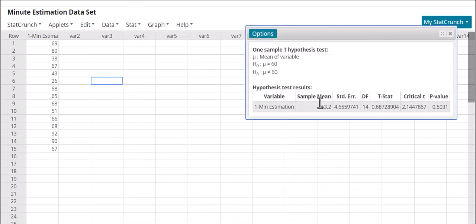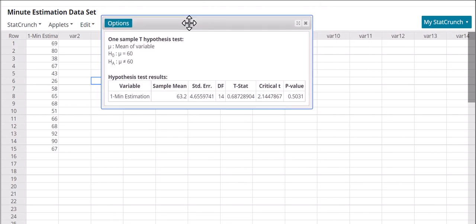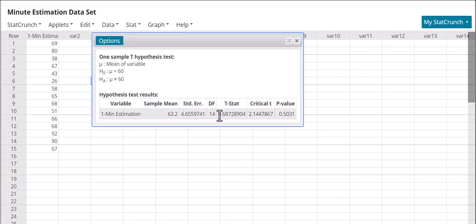So click compute and notice that it gives us the t statistic, which is the same value that we found, the 0.68. But what I want you to focus on is the p-value. Our p-value is 0.5031. So the p-value is the probability of obtaining a result just like the one in our sample, right?